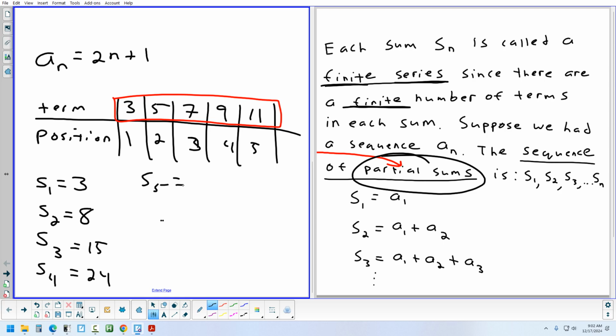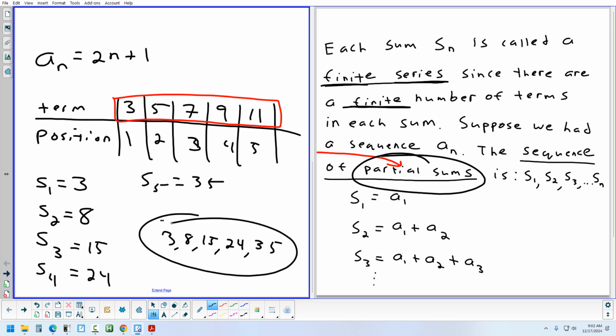And the first 5 terms would give you 35. So now, write those numbers down in a sequence. 3, 8, 15, 24, 35. That is a sequence of partial sums, where each number in the sequence represents a bunch of things that were added up to get that number. Okay? And that's the goal. Can you predict the next term in that sequence using a formula?